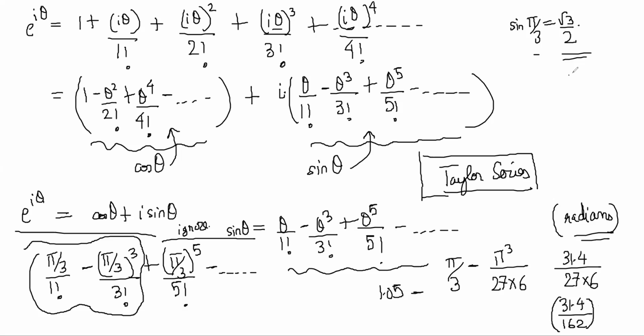Let's take 32 by 160 for convenience. So this will be 2 by 10, that is 0.2. So the subtraction becomes 0.85. And what is root 3 by 2? It is 1.732 by 2. So these are not exact calculations, but you will find that it will match.